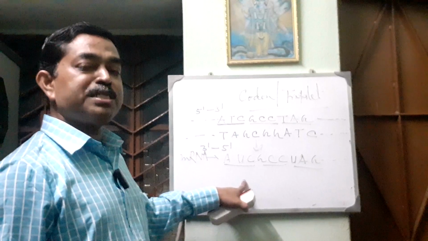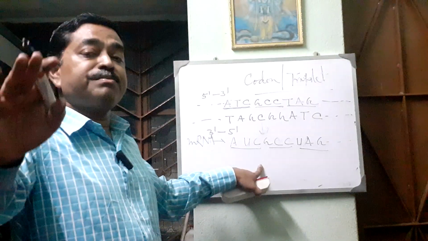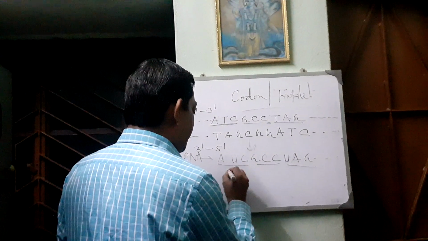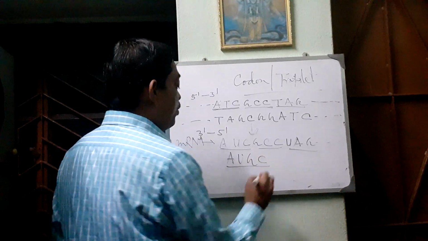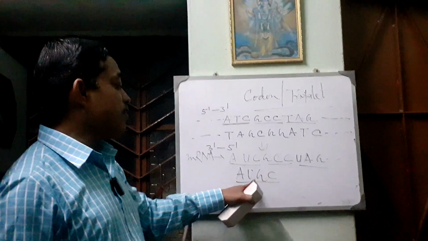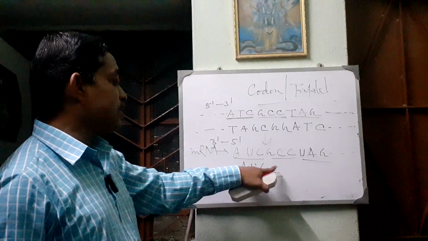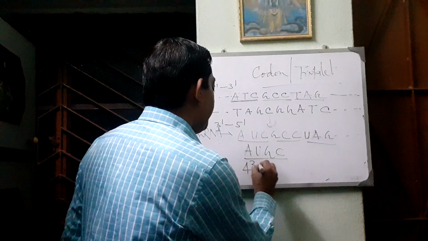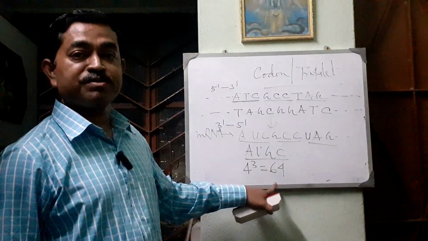This will specify and represent one particular amino acid. Now there are four letters: A, U, G, C. So we can get combinations by arranging these four letters in three positions: 4 to the 3 is equal to 64 combinations.